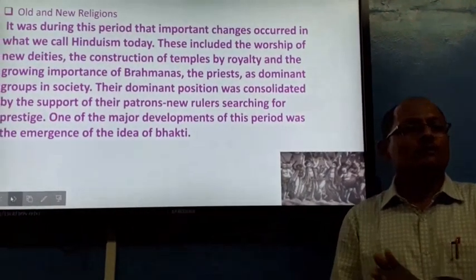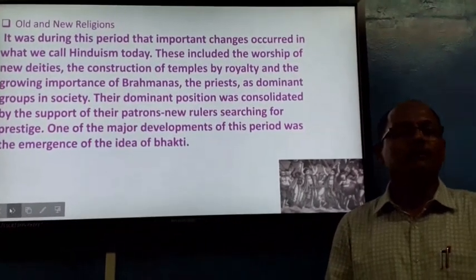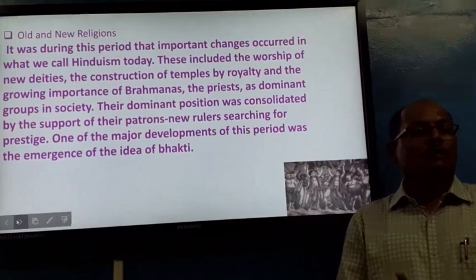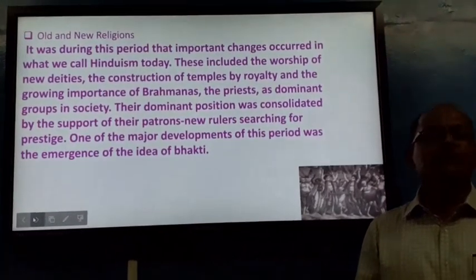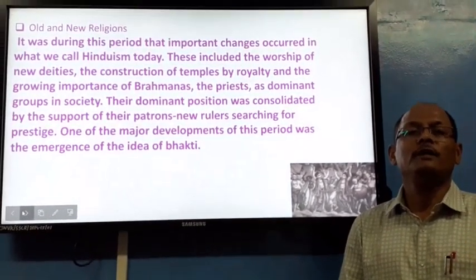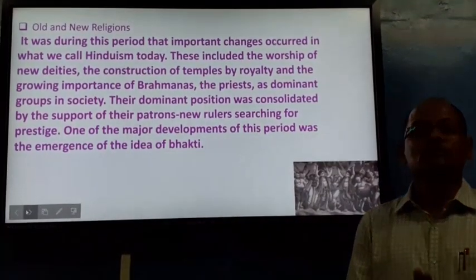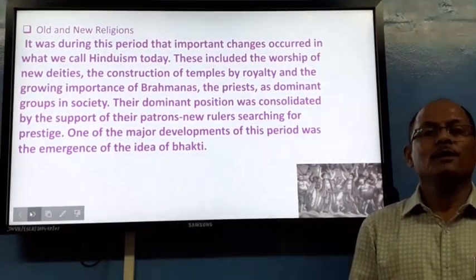So this is how the new rulers became patrons and built temples. As I said, one of the major developments of this period was the emergence of the idea of bhakti. It means devotion, selfless love to God without expecting anything, giving everything.